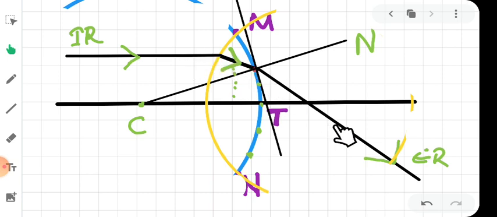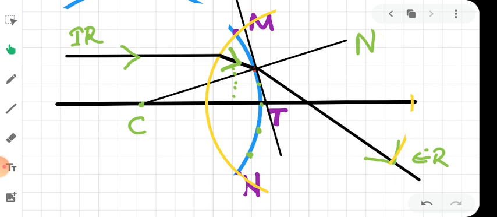So it's only on a continuous basis that we say this is the incident ray, this is the refracted ray, and this is the emergent ray. But step by step each has its own name, as I stated a minute ago.